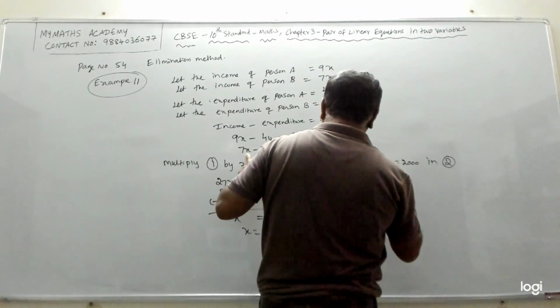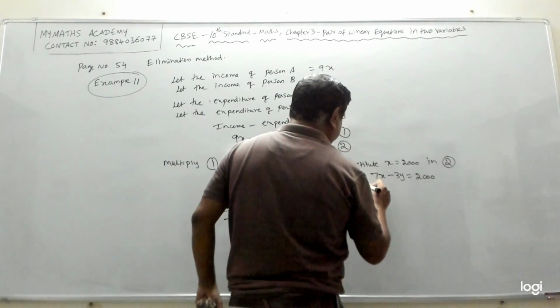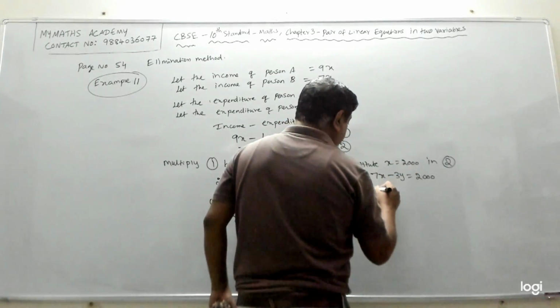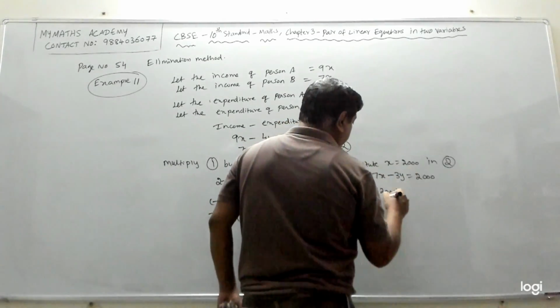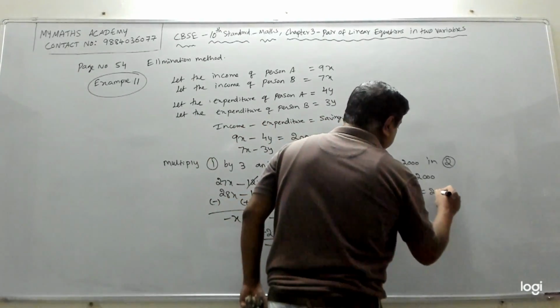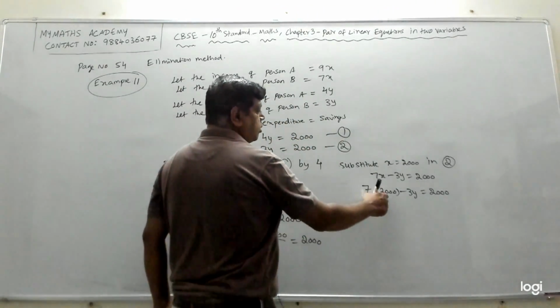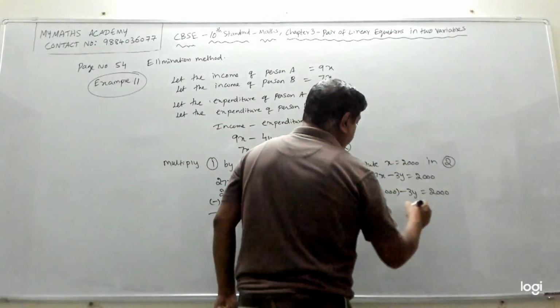My second equation is 7x minus 3y equal to 2000. So 7 into x, I'm substituting x as 2000 here, minus 3y equal to 2000. Right? 7x minus 3y equal to 2000. Now multiply.